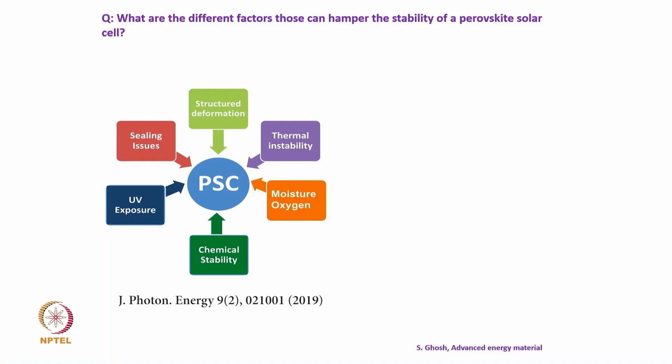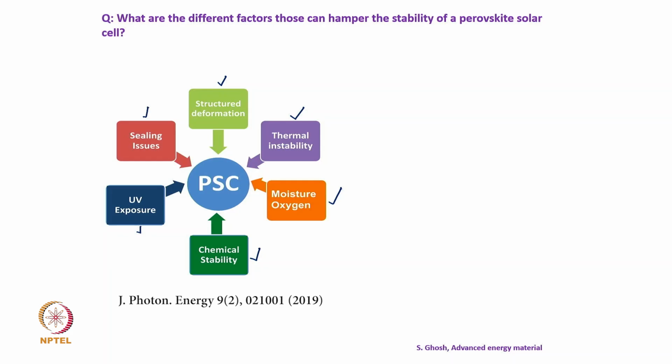So, what we have seen: there is structural deformation, thermal instability, moisture and oxygen, chemical stability, UV exposure, and some sealing issues. Okay.